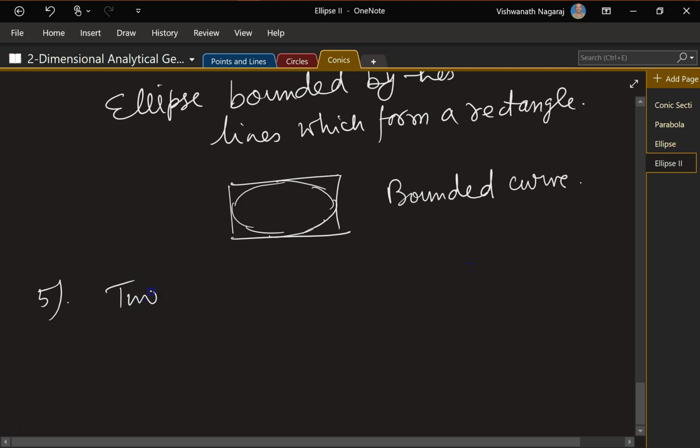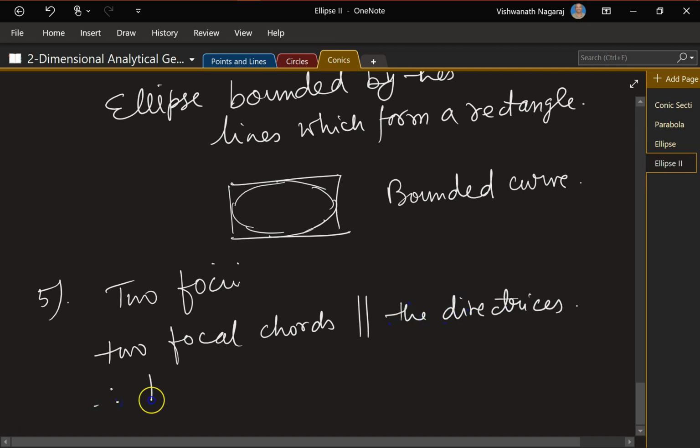Now remember, we have already seen that it has two foci. So we have two focal chords parallel to the directrices. Therefore, there are two latera recta with the equation x is equal to plus or minus ae.